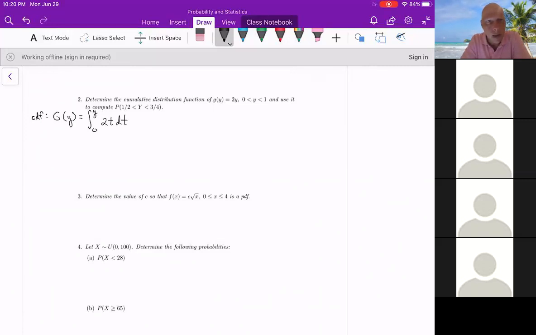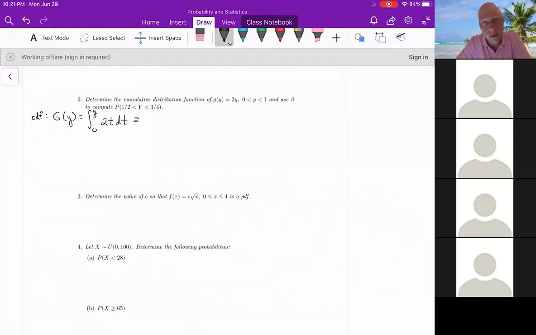0 is coming because the support of y was given as 0 to 1. So you start from the lower bound and you're going up to some temporarily unknown value, which is our little y. And we want to evaluate this, which is a polynomial, so you should be thrilled to have an integral like this. Integral of 2t is what? What's the integral of t?